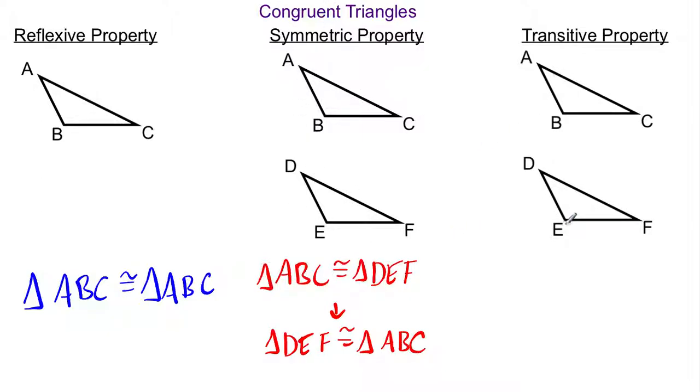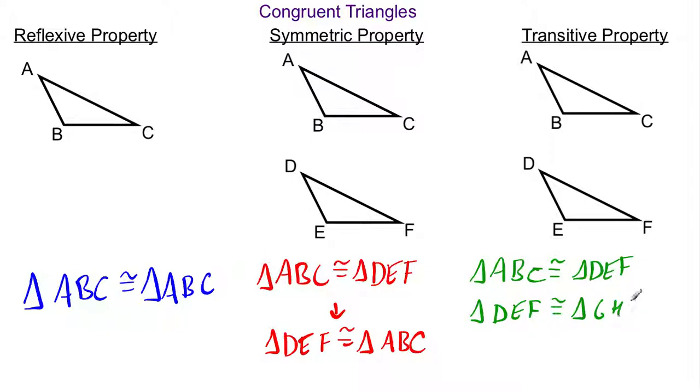And then we also have the transitive property, everybody's favorite. So this means that if triangle ABC is congruent to triangle DEF, and triangle DEF is congruent to some triangle here not listed, we'll call it GHI, then that means that triangle ABC is congruent to triangle GHI.